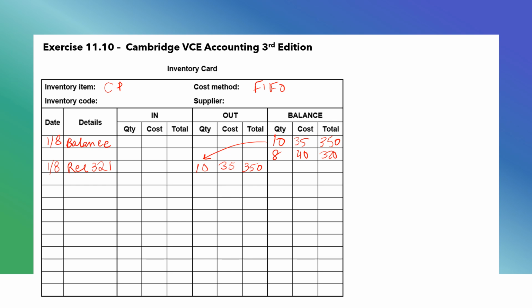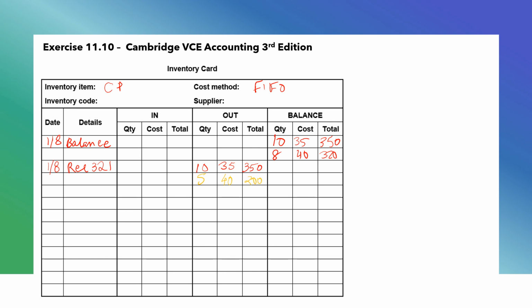And then we've got, I'll just erase that. Then we've got the next line item. I'm going to use a different color here. 5 left of the cost of 40, and 5 into 40, we've got 200.